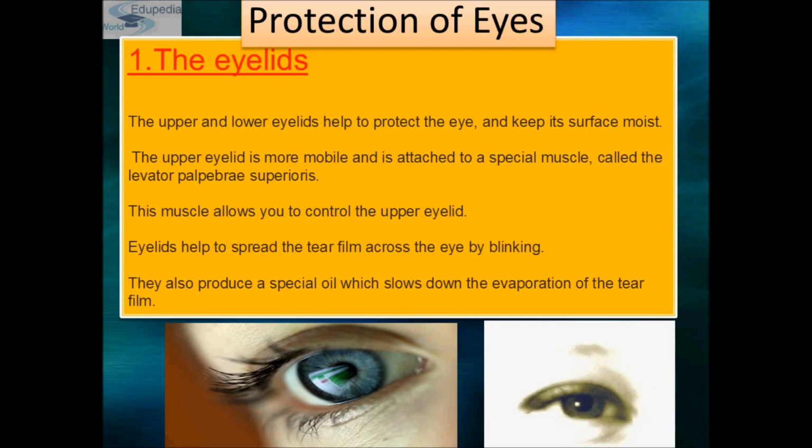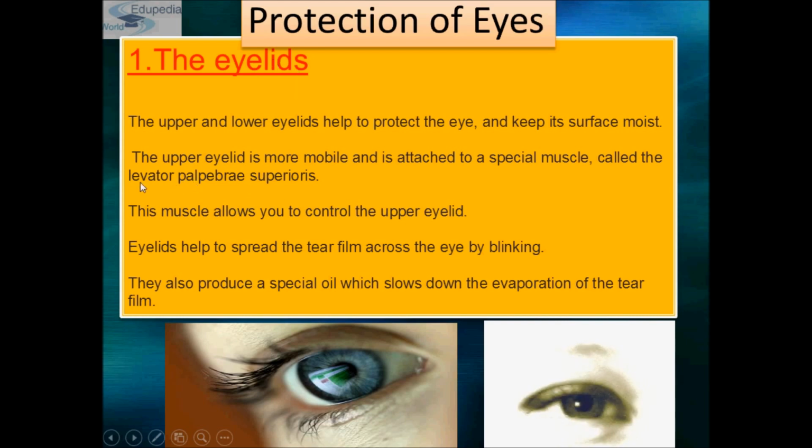The upper eyelid is more mobile, as you can see in this diagram or GIF image. It is attached to the special muscle called levator palpebrae superioris. Palpebrae is related to the eyelid.